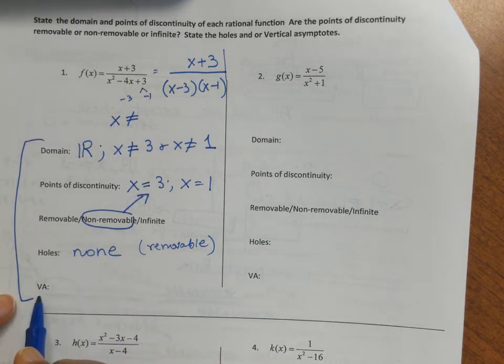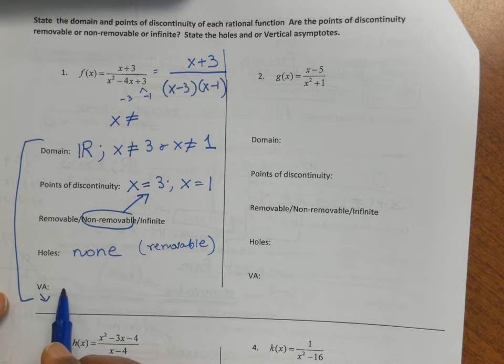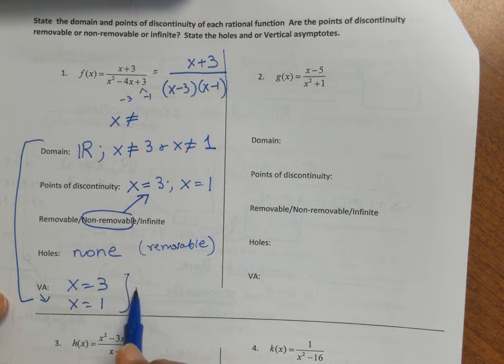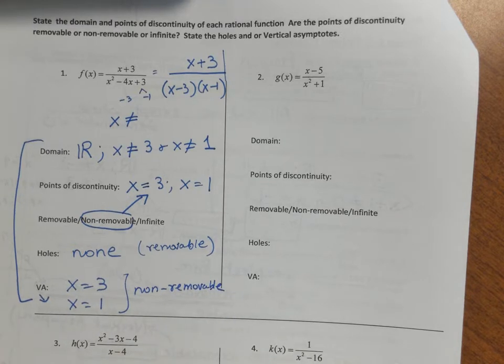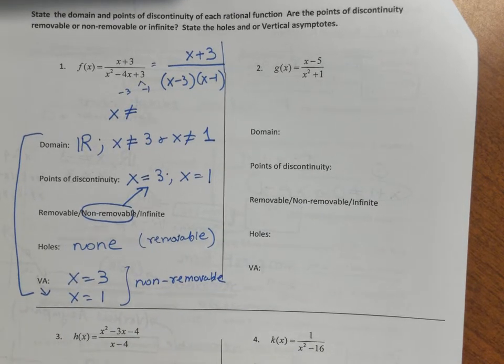So VA basically stands for vertical asymptote. So if you want to write that down, you can. So VA always stands for vertical asymptote, and you have vertical asymptote at x equals 3 and x equals 1, non-removable. Because those factors are not getting cancelled.